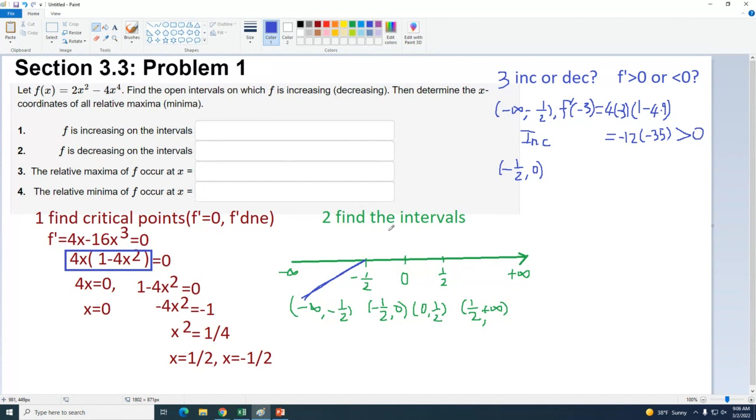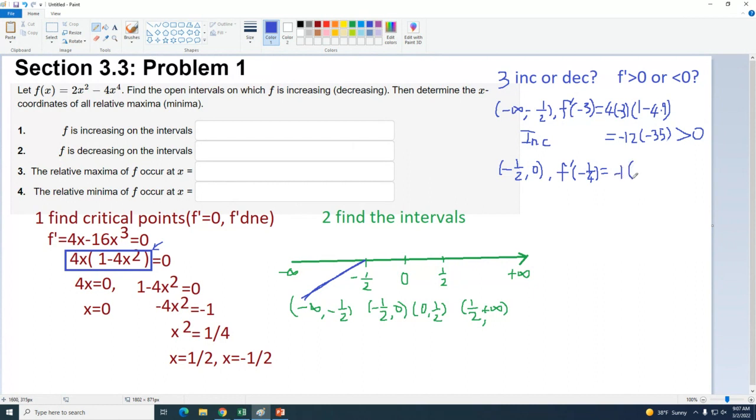All right, so that's the first interval. Second interval from negative 1/2 to 0. Again, we need to find a way to test it. What would be a point to use? Negative 1/2 to 0, negative 1/4. So do negative 1/4. Again, we're going to use this as our calculation. 4 times negative 1/4 is negative 1.